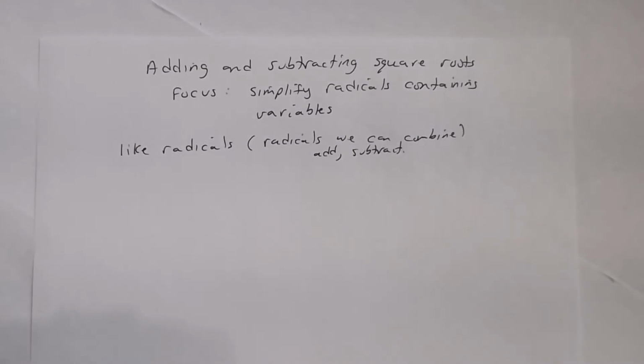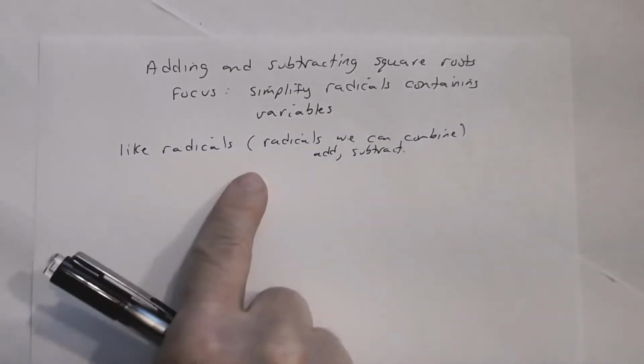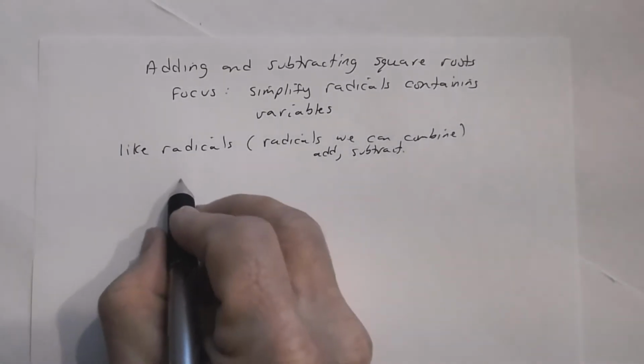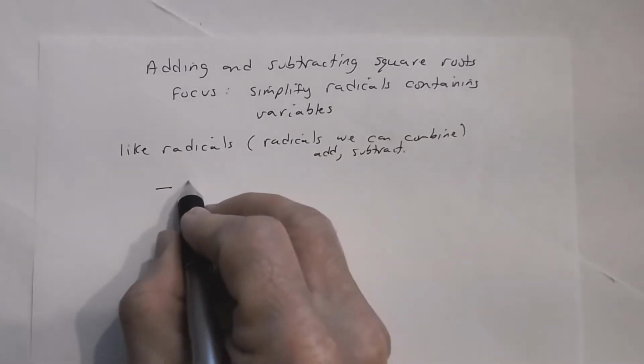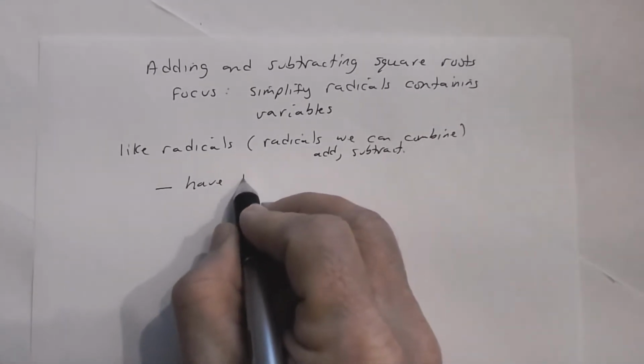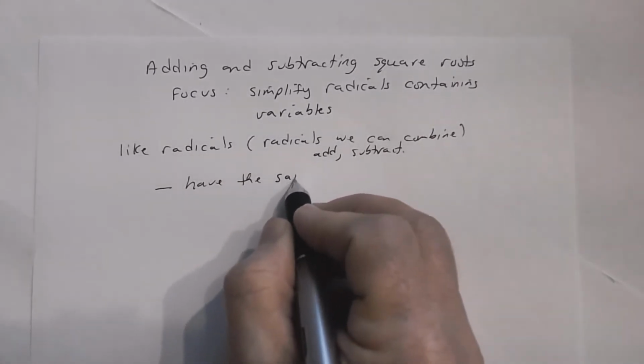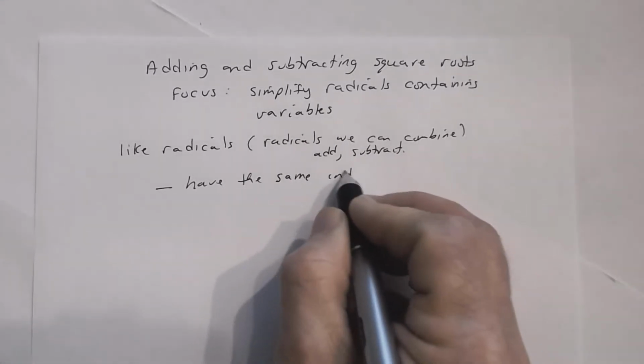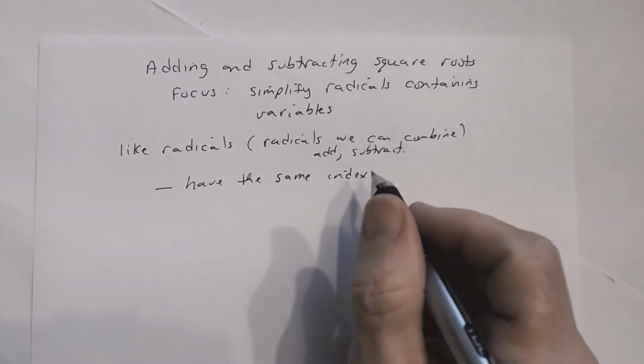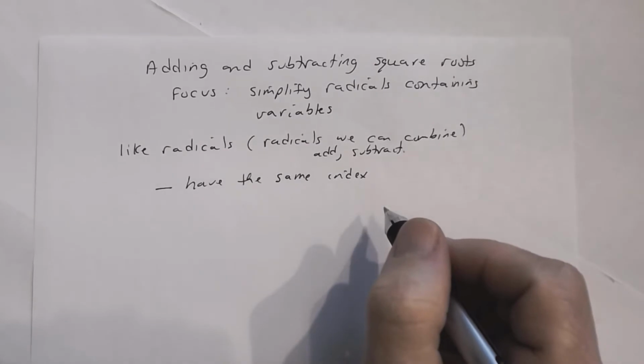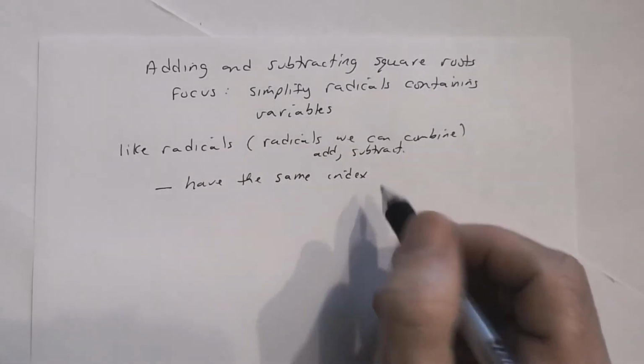Let's talk about what like radicals are. Remember, like radicals have the same index. So either they are cube roots, or square roots, or fourth roots, or fifth roots, and so on.